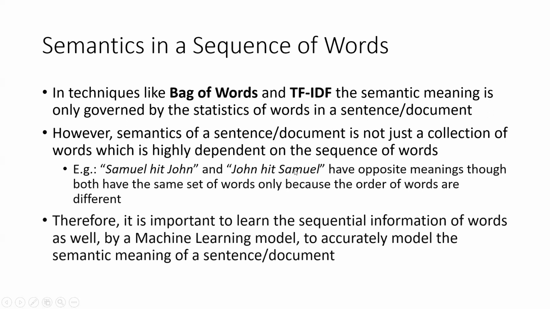So the meaning is entirely different, but if you just use techniques like bag of words or TF-IDF to get the semantics out of text documents, the frequencies or the semantics would be measured as the same, but the real semantic is entirely different. This is just an example, and there are a lot of examples like that.